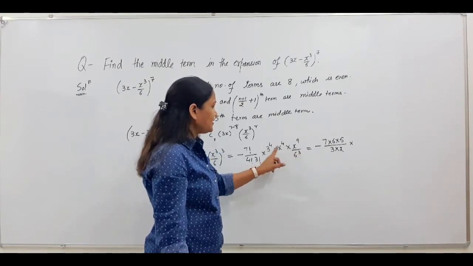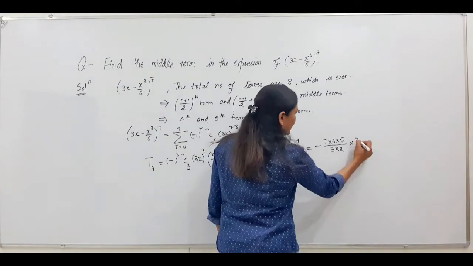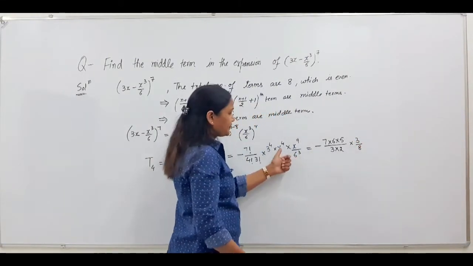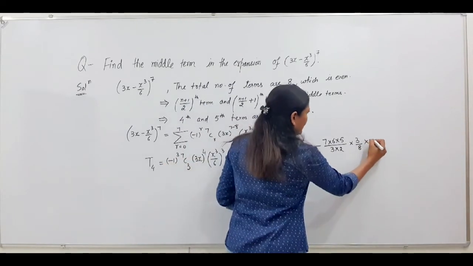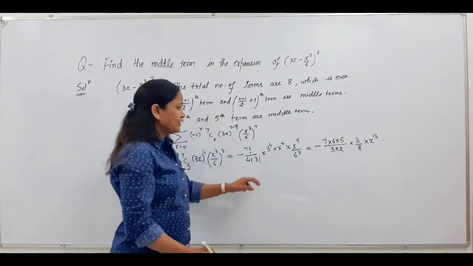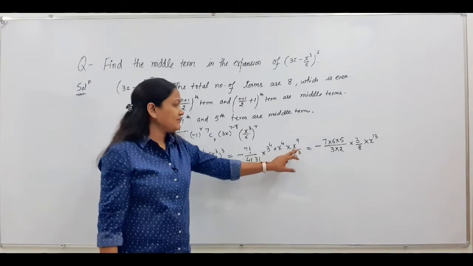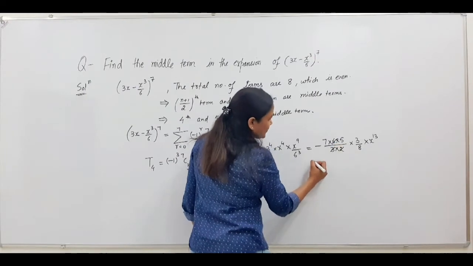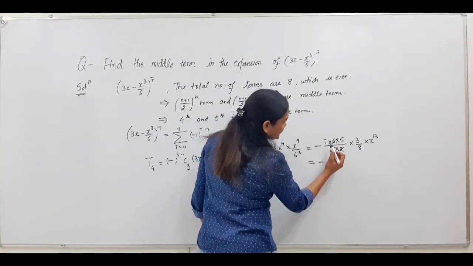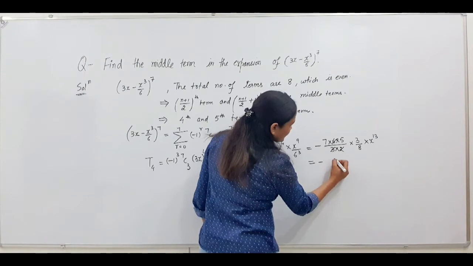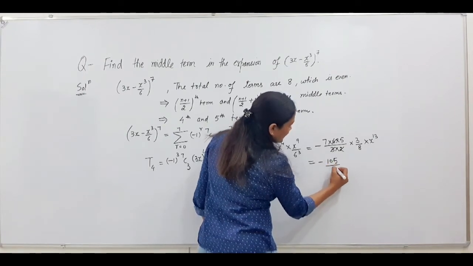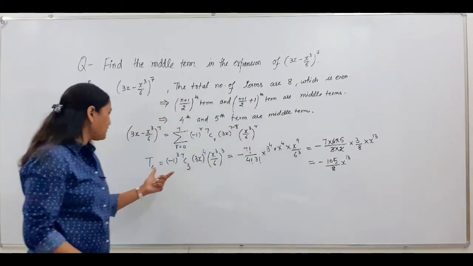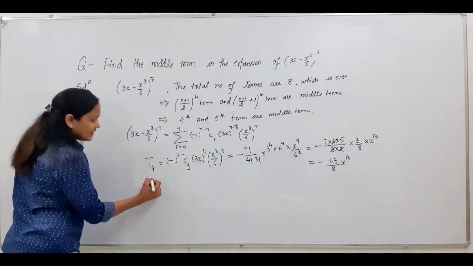The 3 raised to power 3 will merge inside, and 2 raised to power 3 will remain below, and x raised to power 4 into x raised to power 9 will become x raised to power 13. Now this will cancel out and your answer is minus 105 upon 8 into x raised to power 13. So this is your fourth term, which is one of the middle terms.